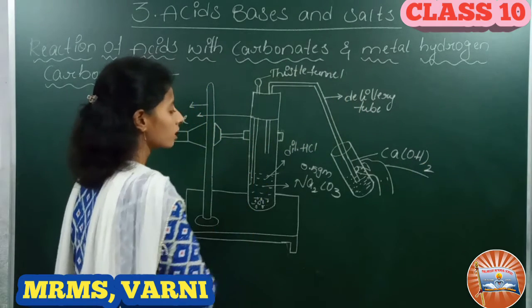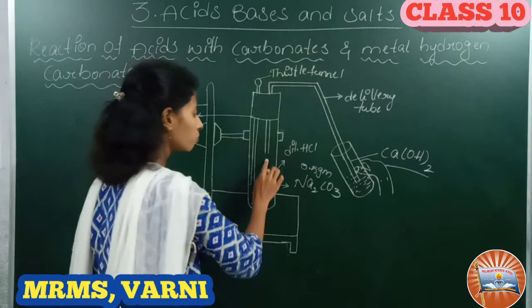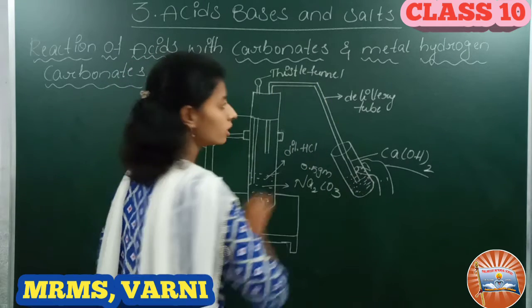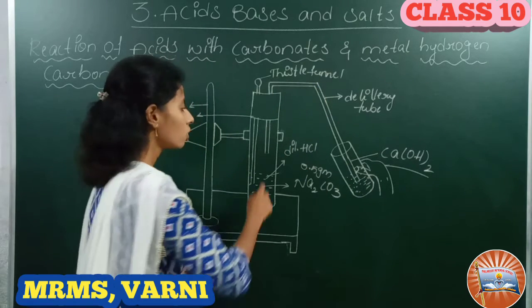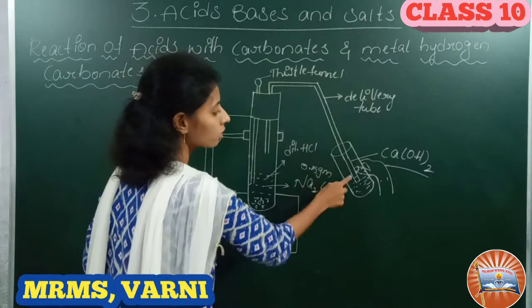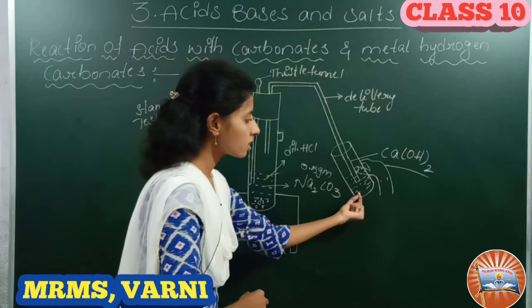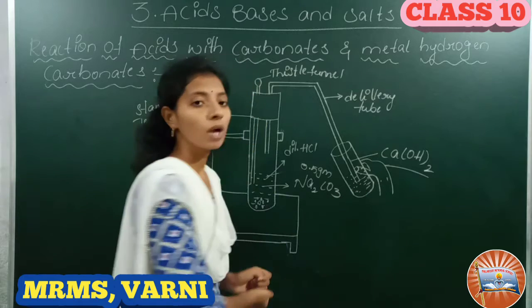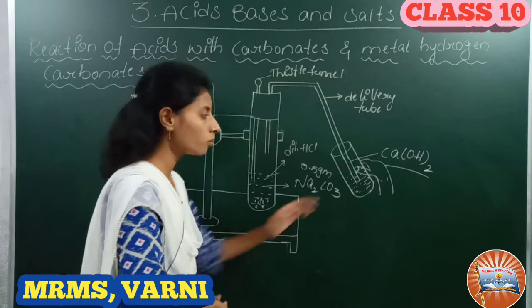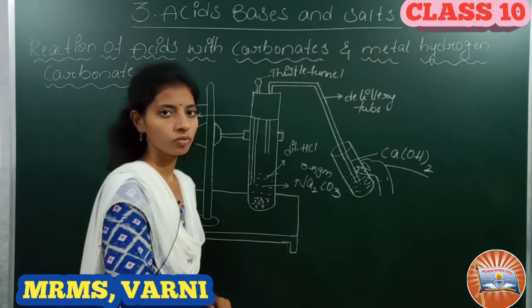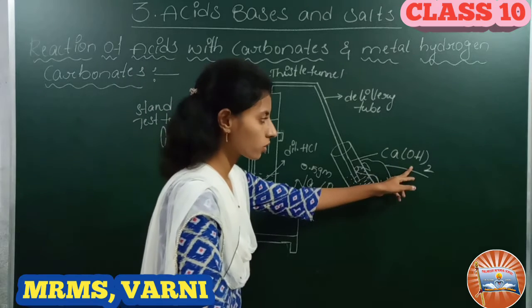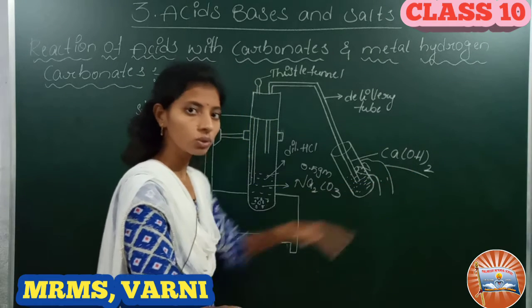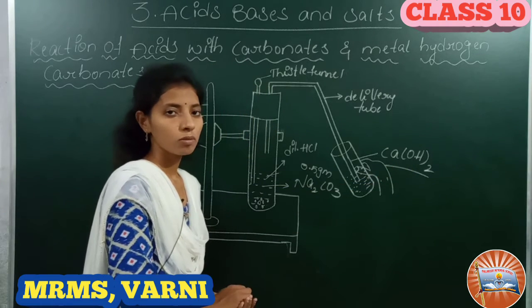Okay. Now here the released gas we have to pass through this delivery tube. So when we are passing it through the delivery tube, the gas is formed in this test tube. So here the white precipitate will be formed in this test tube. Okay. So the calcium hydroxide, the lime water, is changed into a milky white precipitate, right.